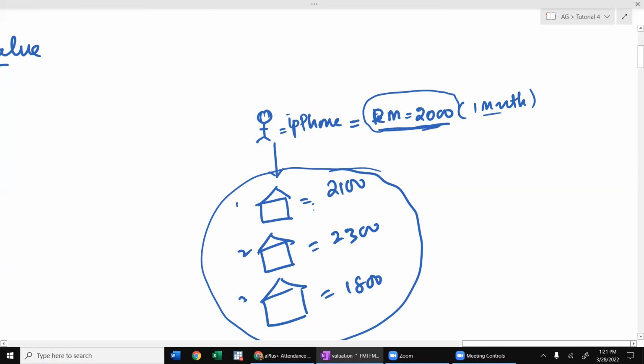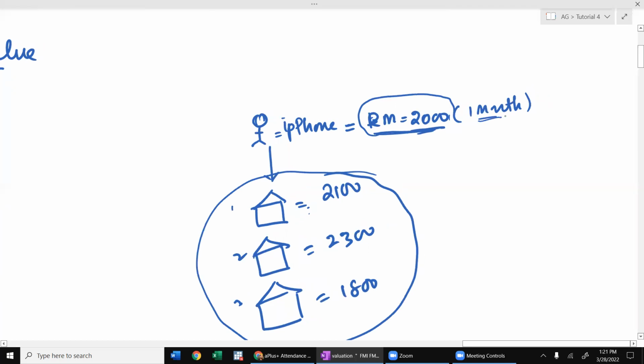You were expecting the price to be 2000, which is the maximum you can pay for this kind of phone. But this seller is willing to sell at 1800. So of course you are going to buy this one, correct?